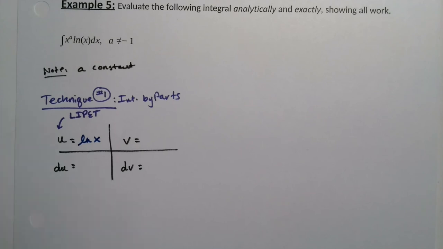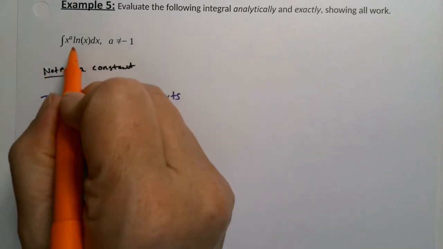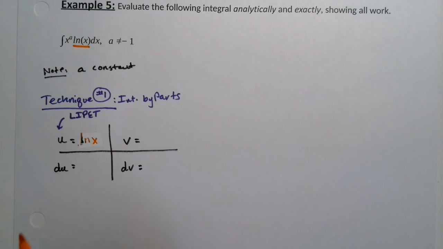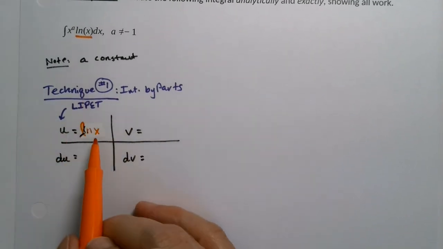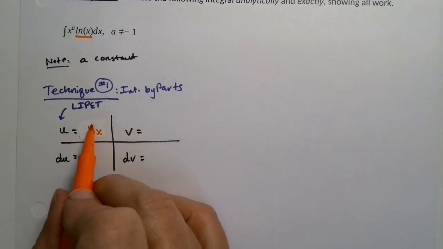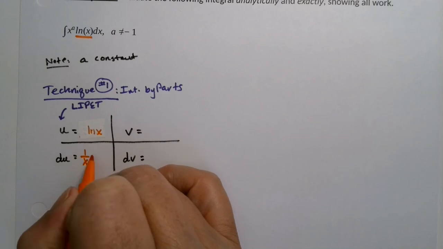Okay, so then du, actually let me put this in some color. So this is the natural log of x. Of course, my orange got weird there because of my whiteout. So u is the natural log of x. I had to fix that. I couldn't let that stand. Then du is the derivative of that, which is 1 over x dx.